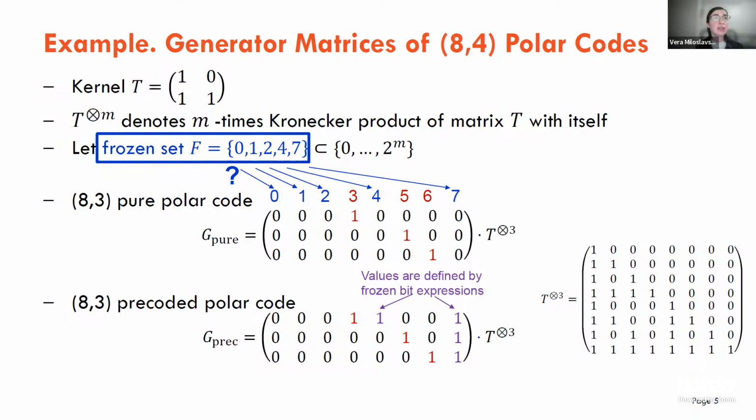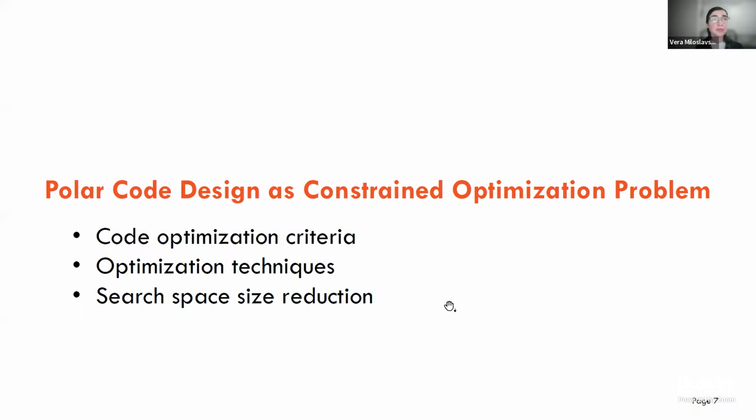In the case of a pure polar code, the design problem consists in finding the frozen set. In the case of precoded polar codes, we need to find both the frozen set and the expressions for frozen bits. An interesting question is how to design polar codes, like pure polar codes and precoded polar codes. To answer this question, we represent polar code design as a constraint optimization problem.